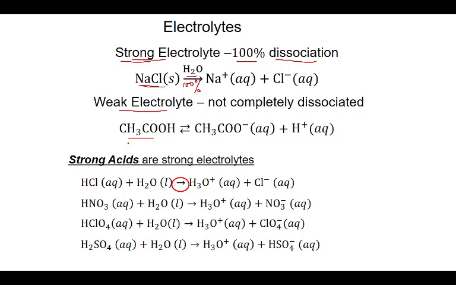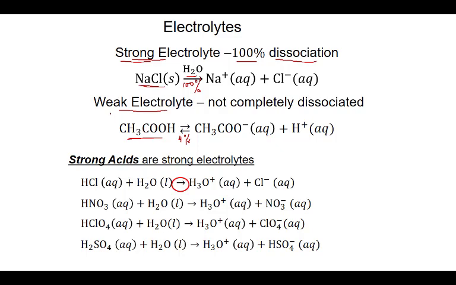In contrast, some chemicals like acetic acid, when dissolved in water, do not dissociate 100%. It might be 1% to 4% dissociation, 4% at maximum. So it will not produce many ions, cations and anions, so it is not a good electrolyte.